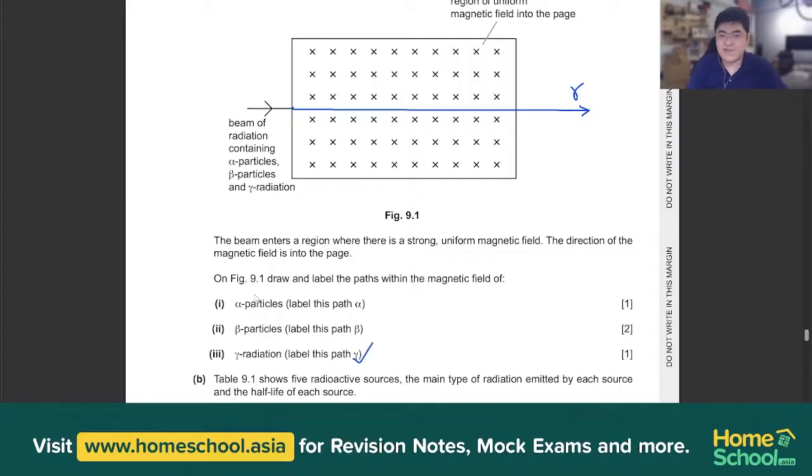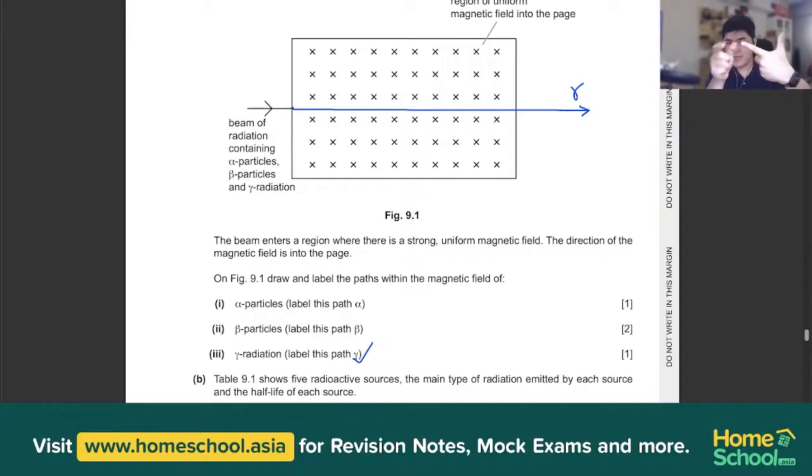Now, for the alpha particles, we need to use the Fleming's left-hand rule. As you do see, there is a region of uniform magnetic field into the page. So as you can remember, this is the force exerted, this is the magnetic field, and this is the current. As you can see, the current moves in the same direction as the beam of radiation.